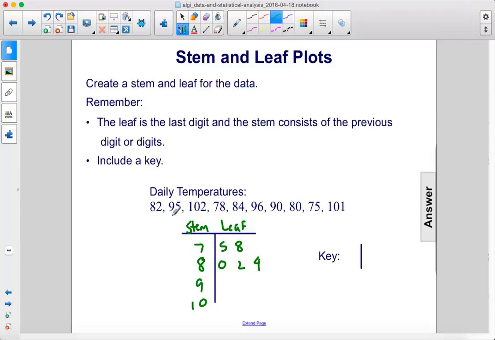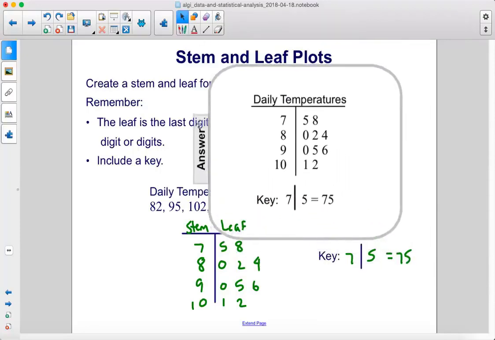We have 95, 96, and 90, so 90, 95, and 96. And finally, we have 102 and 101, so 101 and 102. The key would be 7, line 5 equals 75.